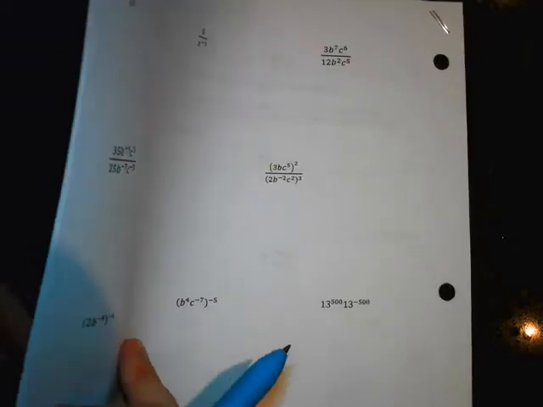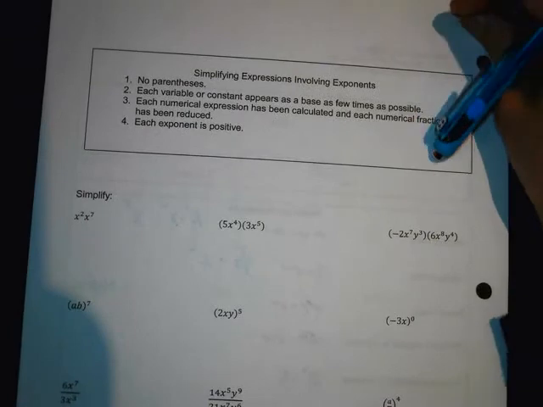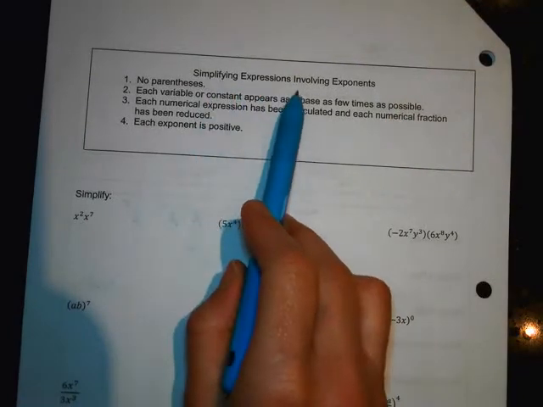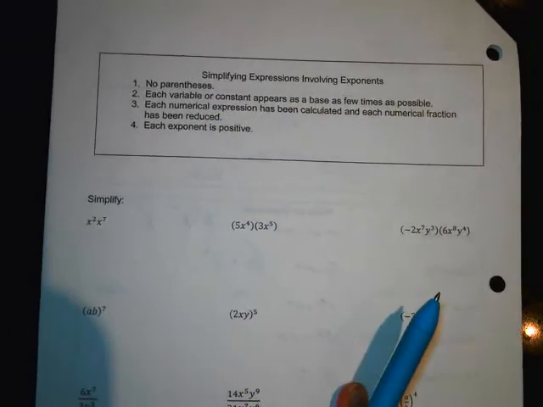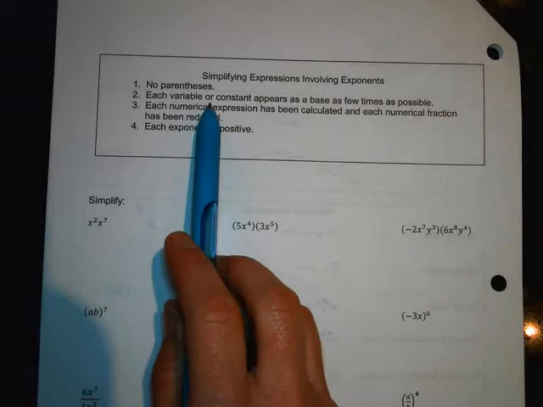So I'm going to do a couple. You're going to stop the video and do a couple, but that's all we're going to do for this video is just practice. So simplifying expressions involving exponents. First of all, your final answer is not allowed to have a parenthesis in it. All right, no parenthesis. Each variable or constant appears as few times as possible.